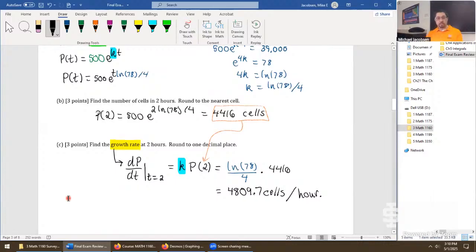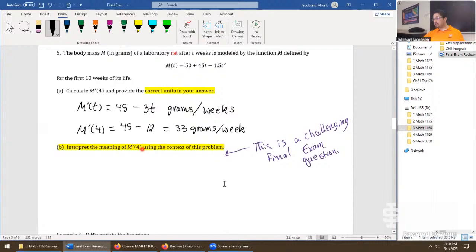We have to roll into it the fact that it's a derivative. It's a rate of growth. So come down here and say something along the lines. We have to use the context, the fact that it's about rats. We'll say at week 4 of the rat's life, we're looking into its body mass.